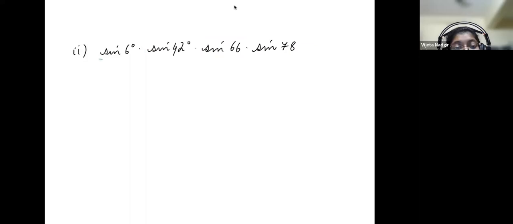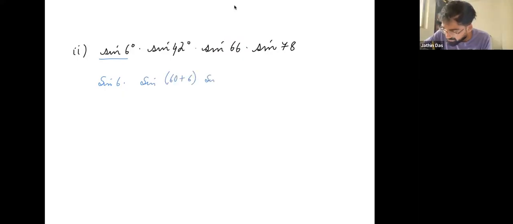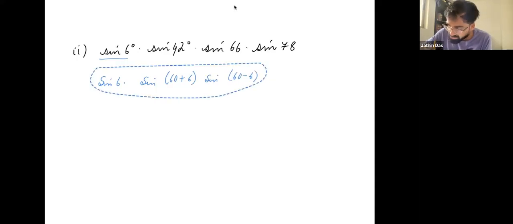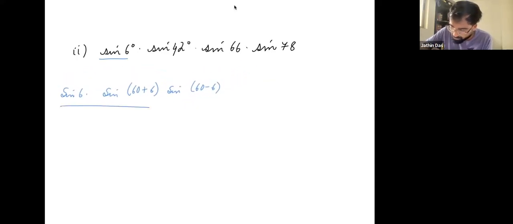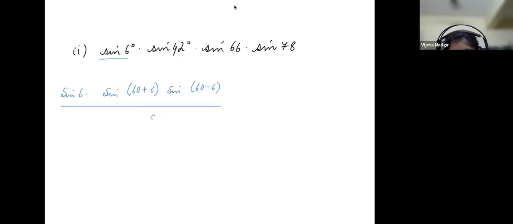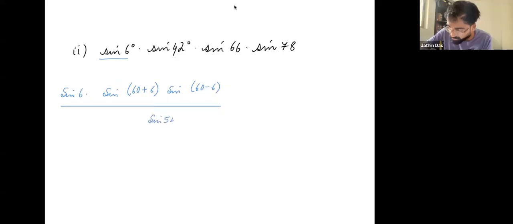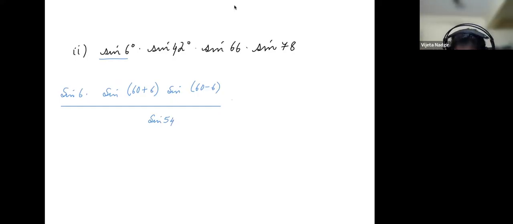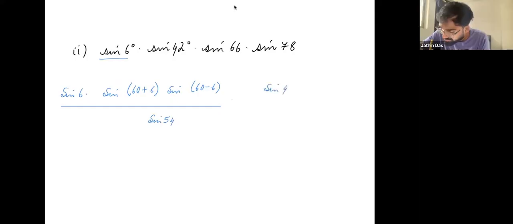See, here you have a sine 6, and 60 plus 6, so sine 54. Sine 60 minus 6 should be there, but is it there? No. So I divide by it, and multiply from my pocket. Okay. Sine 54. Clear? Now what about the other two candidates? Sine 42, sine 18 by sine 18.